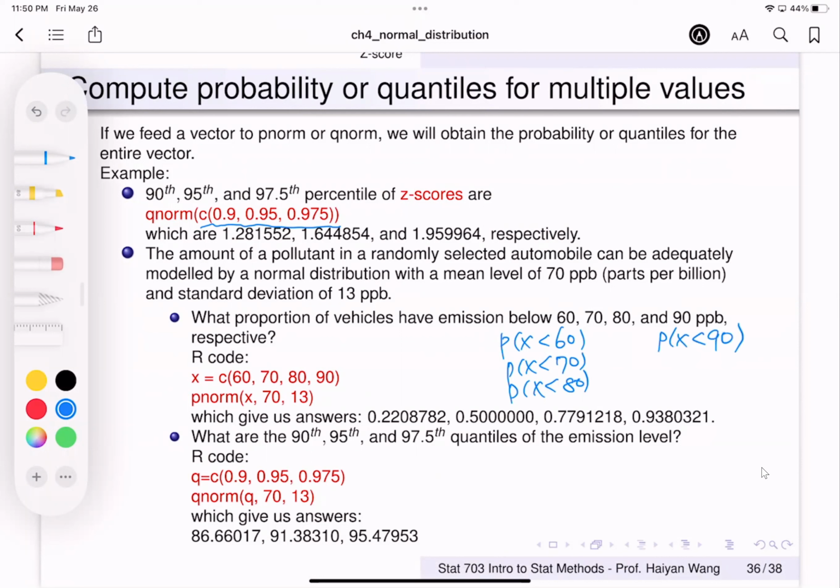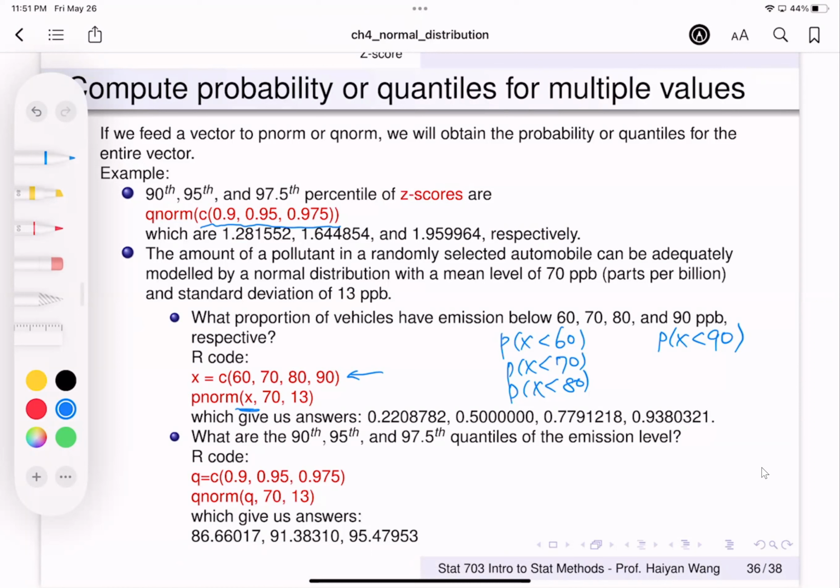All of these are of the same format. Because all of them are less than something, we can just put all these 60, 70, 80, 90 together in a vector like this one. Then we feed the vector to the pnorm command and specify the mean and standard deviation, which will give us all the probabilities in one command.